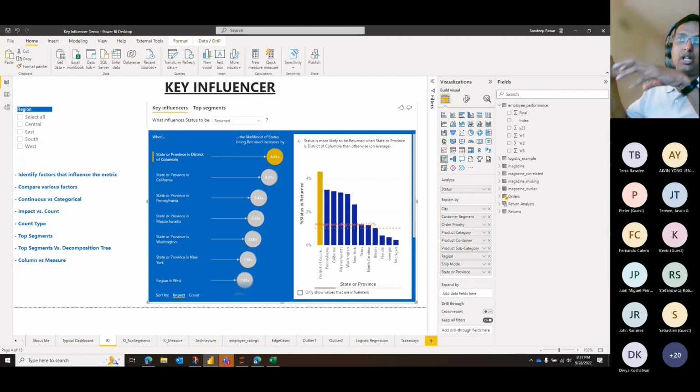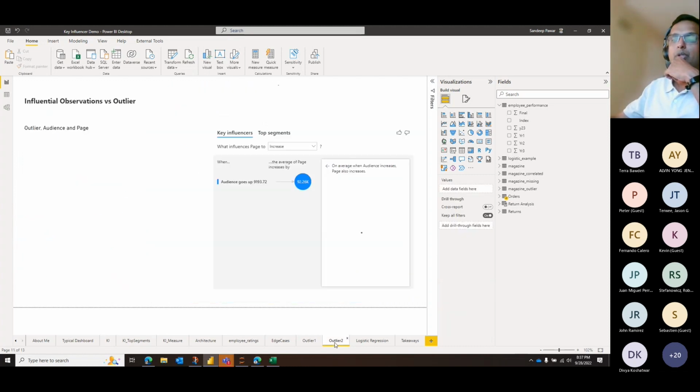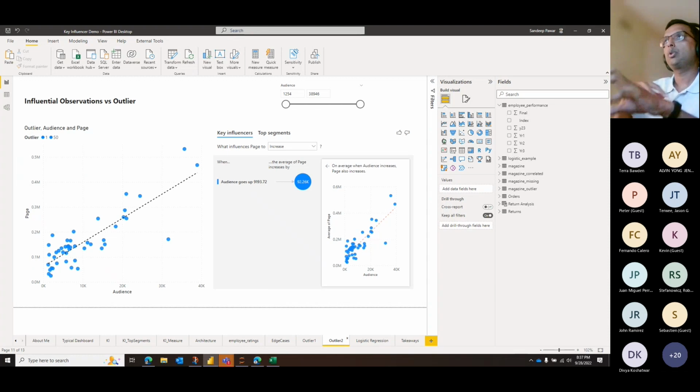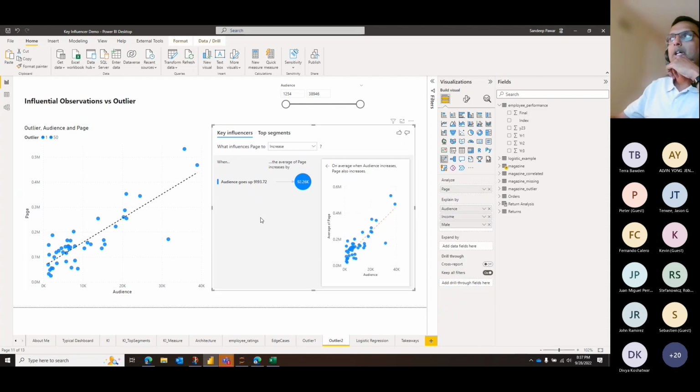Like where should I focus and what should I do in terms of the hierarchies, the slicers, and what should I present, and what should I talk to my business user about, and things like that. And maybe they don't understand, right? So things like that. But I wouldn't use this as a hard truth.